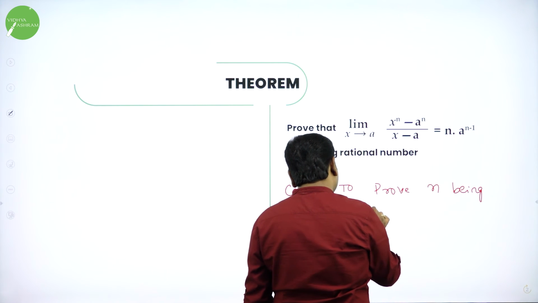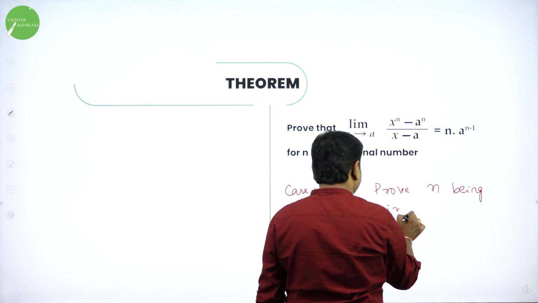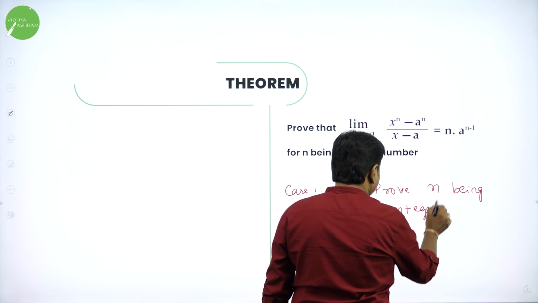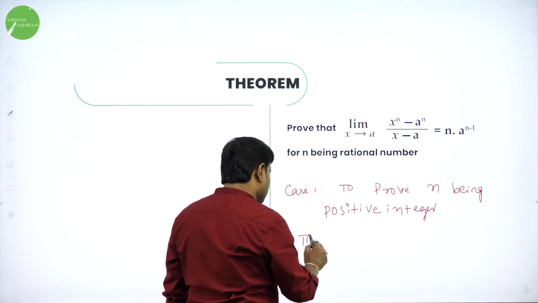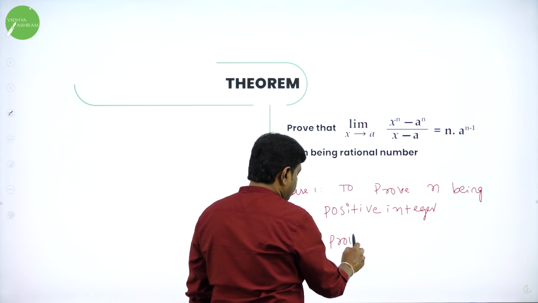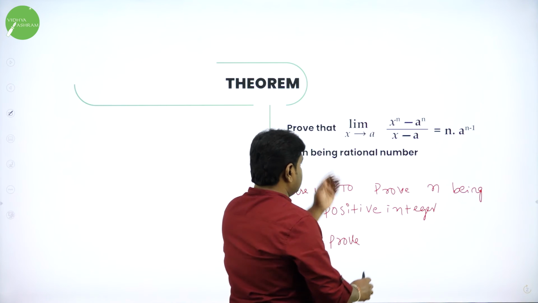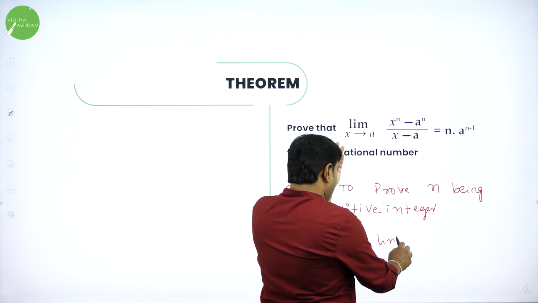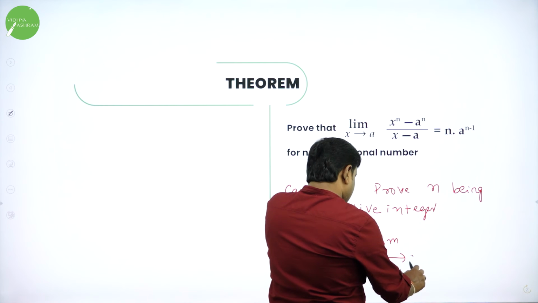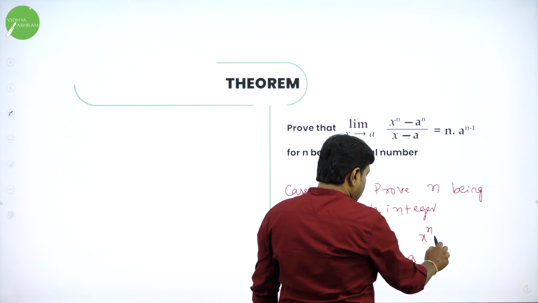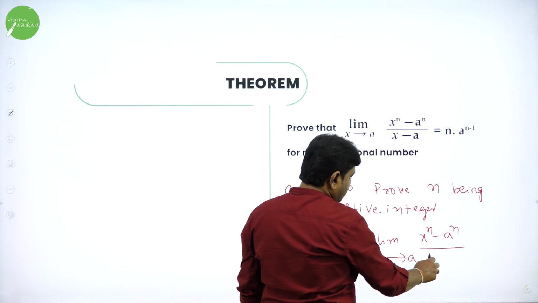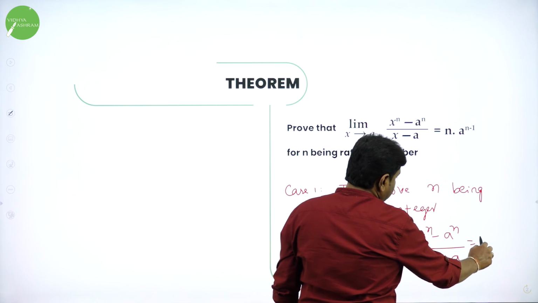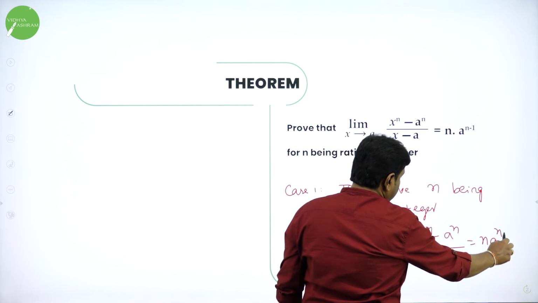I am assuming it as a positive integer. And what we need to prove? To prove the statement, that is this limit, what is given in the problem? Limit x tends to a, x power n minus a power n by x minus a, you need to prove it as n into a power n minus 1.